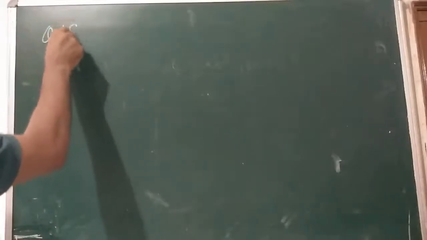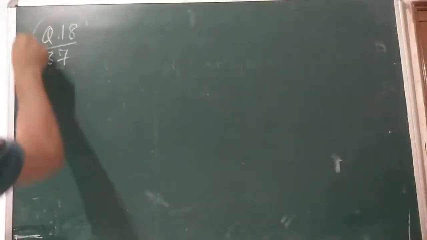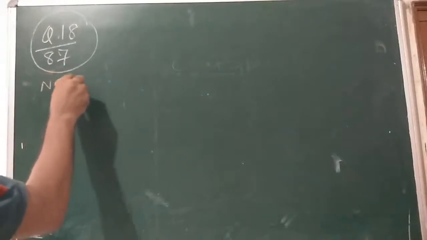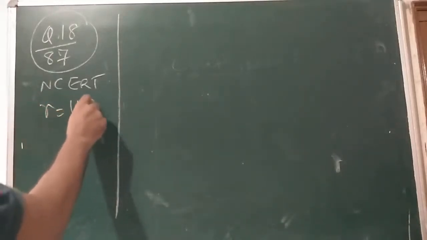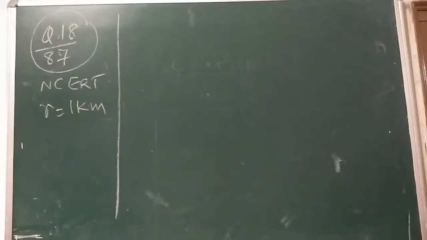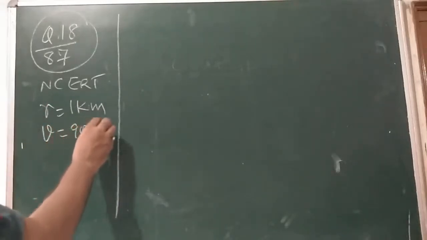See question number 18 of page number 87 of your NCERT textbook. That is again an important question. Read it carefully and write the things that are given here. An aircraft executes a horizontal loop of radius 1 kilometer, R is equal to 1 kilometer, with a steady speed of 900 km per hour.